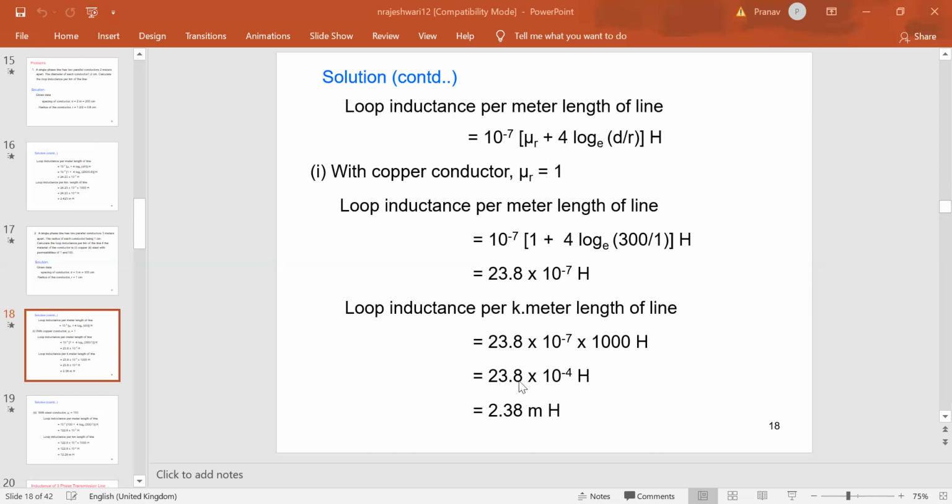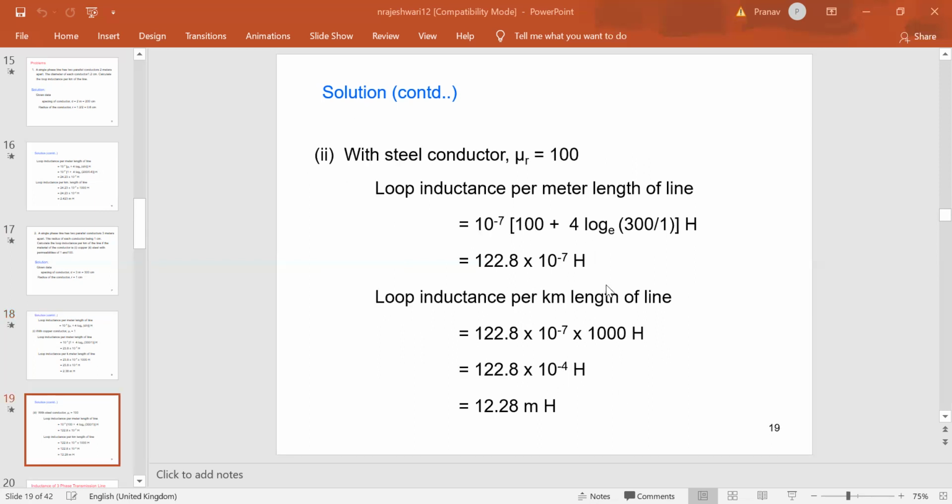So 23.8 into 10 to the power of minus 4 henries, that is 2.38 millihenries. So this is with copper as a conductor, the loop inductance per meter length and per kilometer length of the line. The second one, with steel as a conductor, mu r is equal to 100.